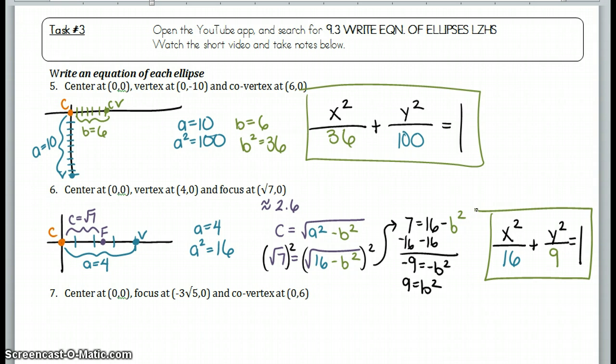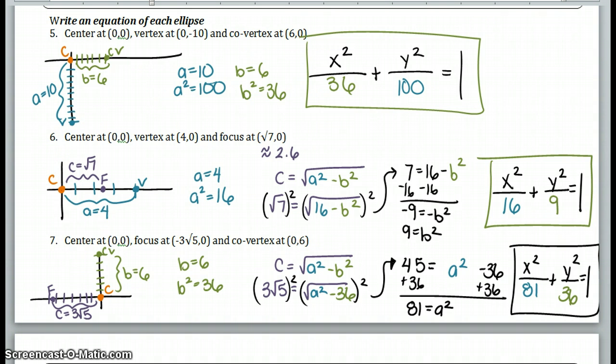Please now pause the video and try number 7 on your own. Please check your answer for example 7. Please notice that when you are squaring the length of c, you need to square not only the root 5, but also the 3 to get a 9 times 5, which gives us our 45.